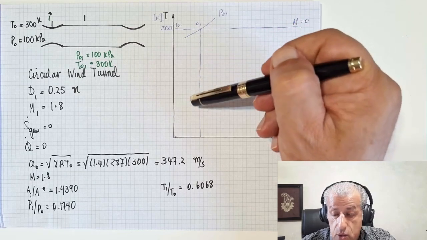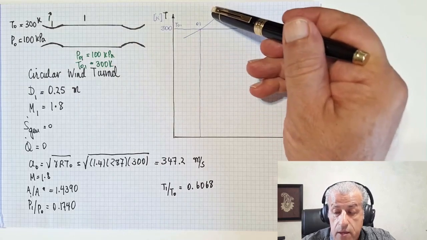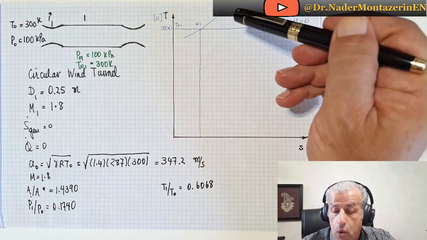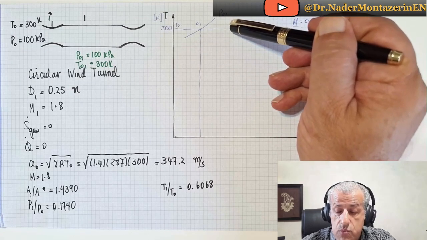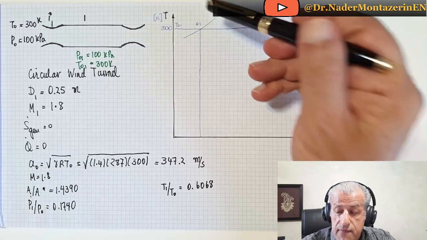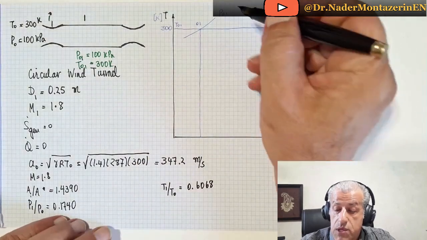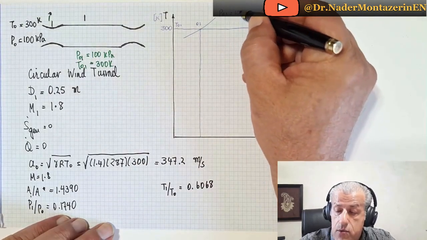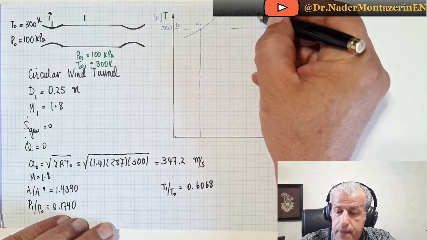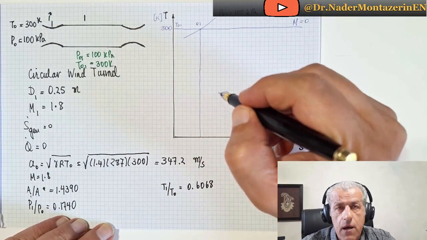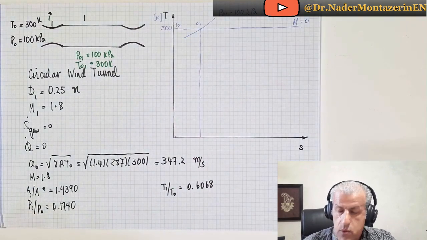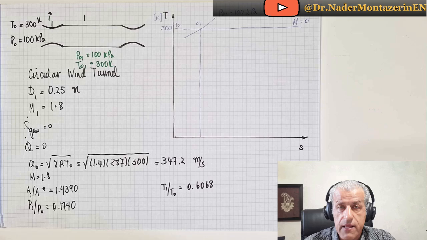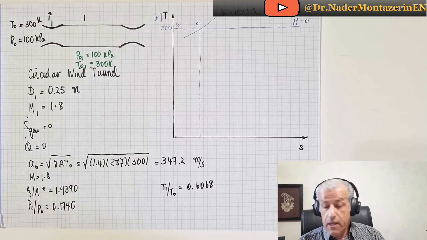And so for all these points, the stagnation temperature would be 300 Kelvin, and stagnation pressure would be 100 kilopascal. That is, these are the values.